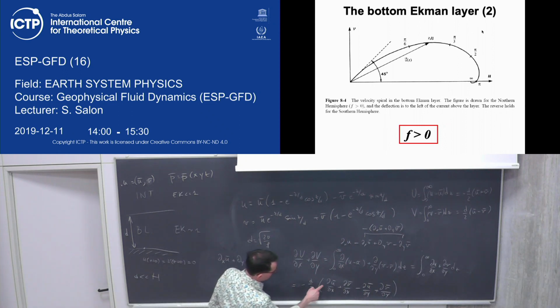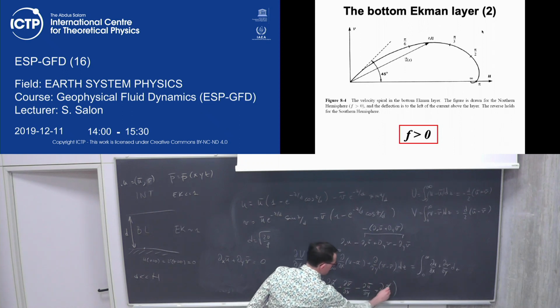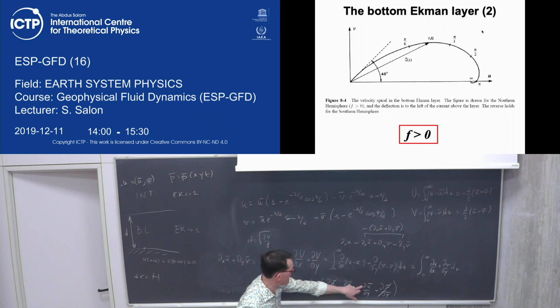So again we have du bar dx and dv bar dy, which still is the divergence in the geostrophic flow. And what we obtain is dv dx minus du dy.